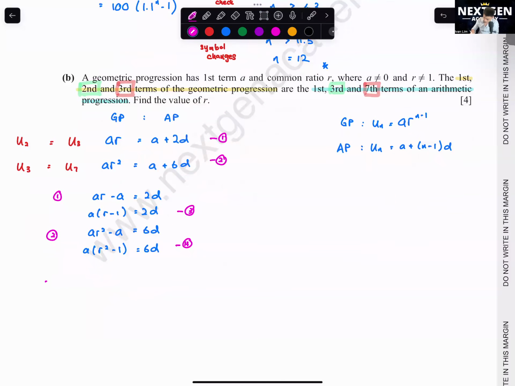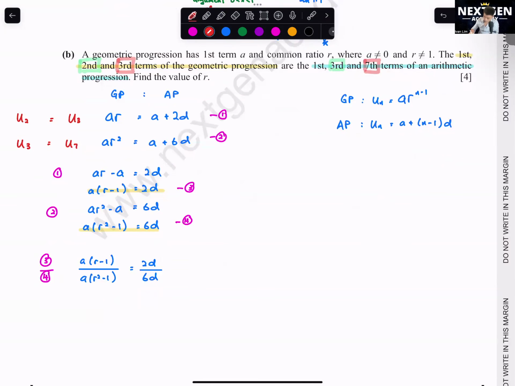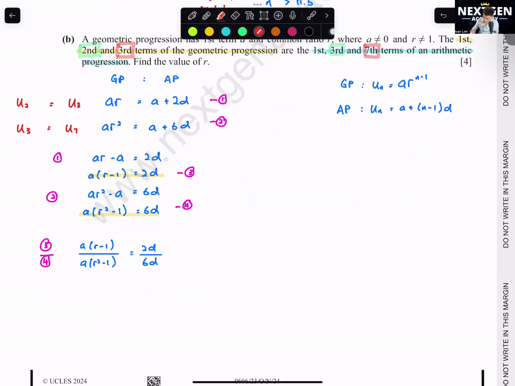We can take equation 3 divided by equation 4: A(R minus 1) over A(R square minus 1) equals 2D over 6D. The A and the A will cancel off, and the D and D cancel. We get R minus 1 over R square minus 1 equals 1 over 3.